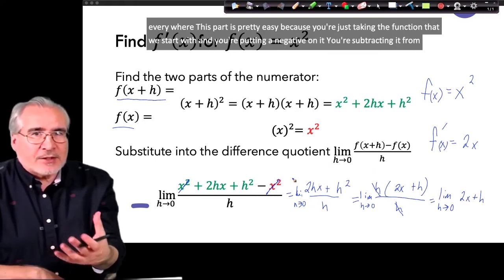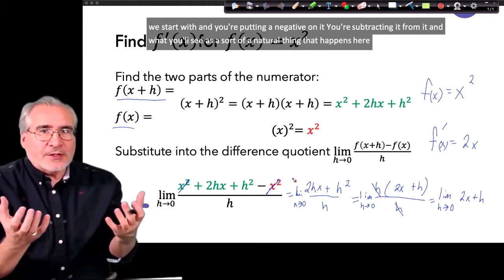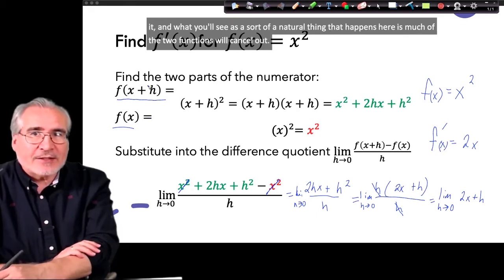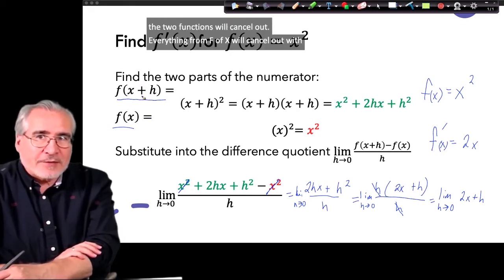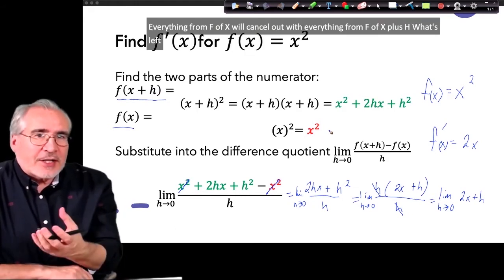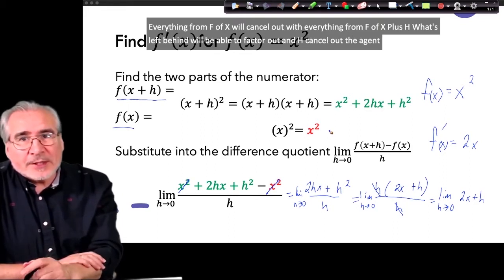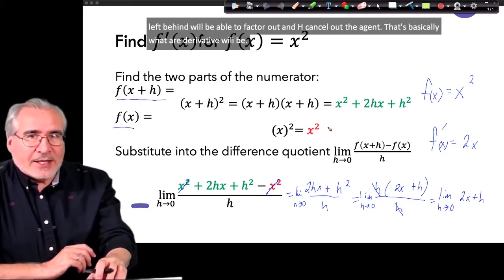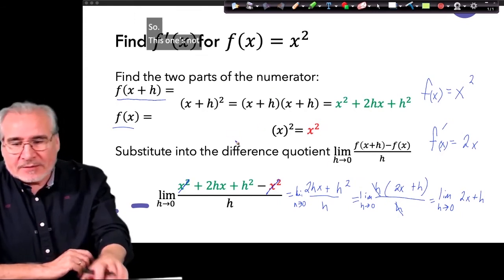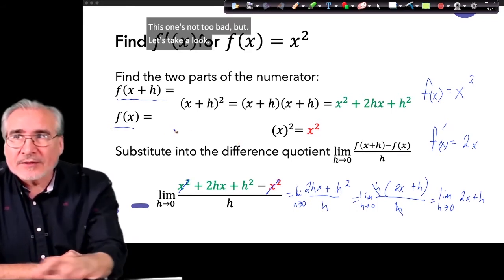And what you'll see as a natural thing that happens here is much of the 2 functions will cancel out. Actually, everything from f of x will cancel out with everything from f of x plus h. What's left behind, we'll be able to factor out an h, cancel out the h, and that's basically what our derivative will be. Okay, so this one's not too bad, but let's take a look at the next.